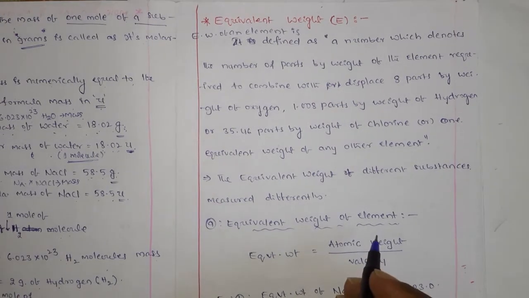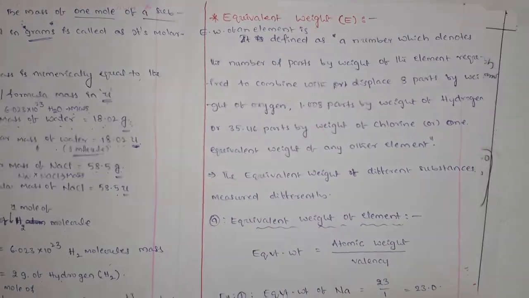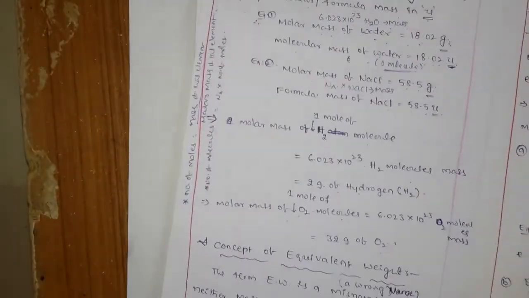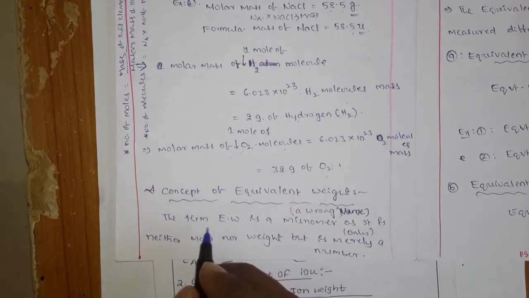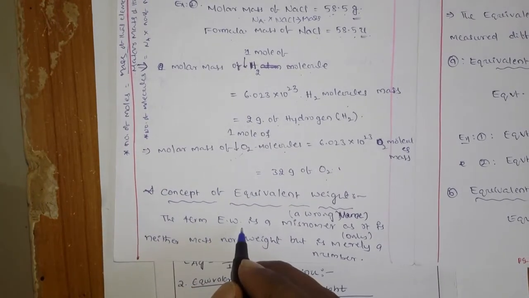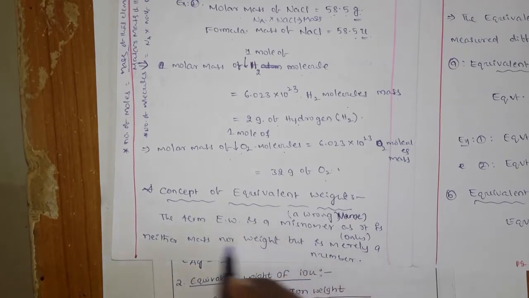Just to give you an idea of what the equivalent weight is: equivalent weight is a misnomer, as it is neither mass nor weight, but it is merely a number.